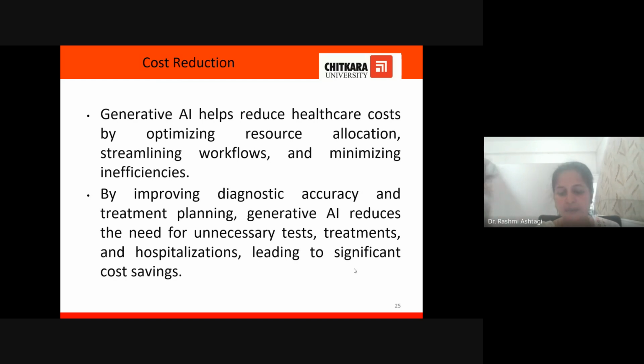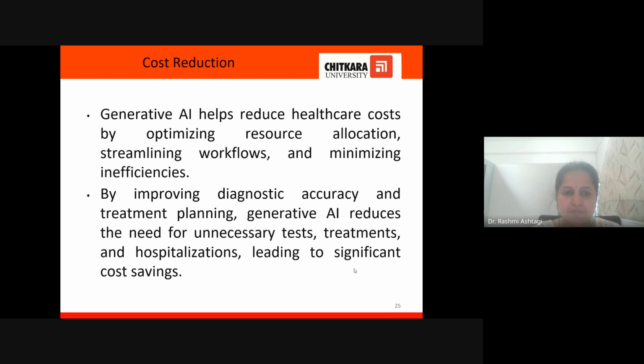This is what is happening nowadays, but no one likes it. We will say, I'm not worried about this, I have a fever, why do I need to get the test? But all those tests can be avoided or reduced with the help of generative AI.